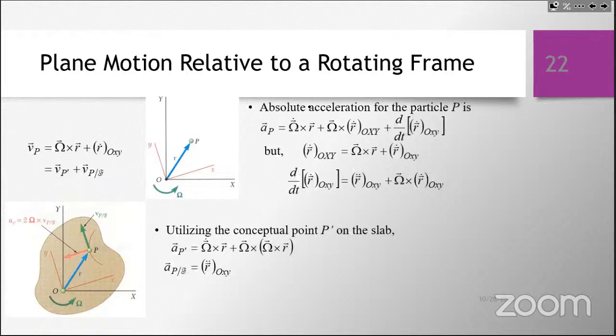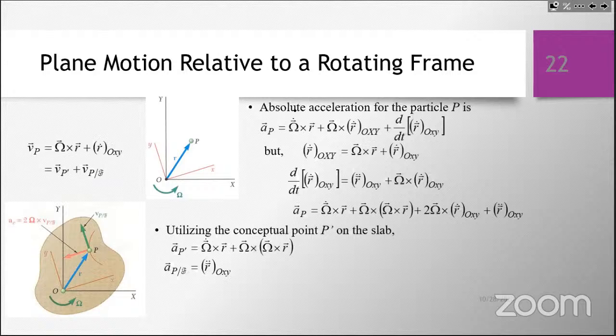That looks a lot like my normal and tangential equations, right? Is omega dot cross r just my angular acceleration when we use lowercase? Well, in this case, it's just the acceleration of the frame. Omega cross omega cross r is some normal acceleration. And then we have the r double dot, so how is this r changing with respect to the rotating frame? We can rewrite this whole thing like this here.